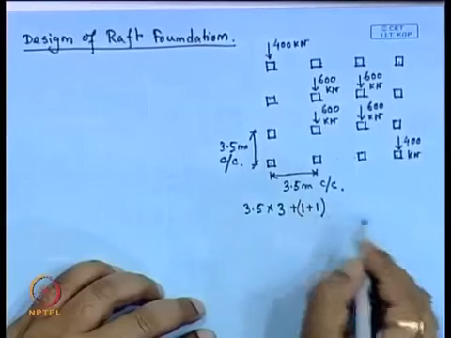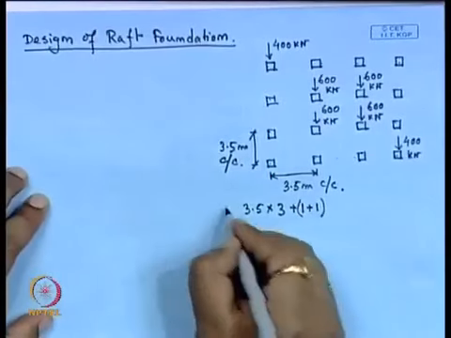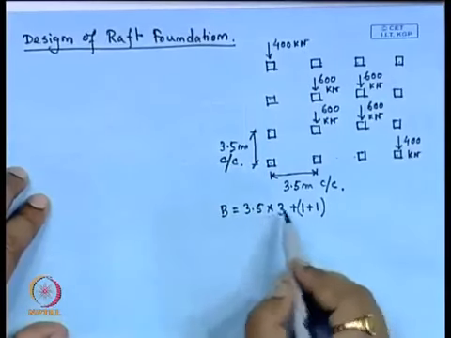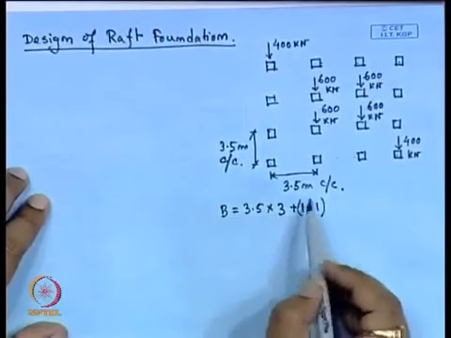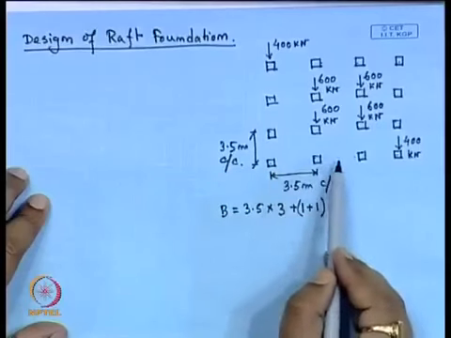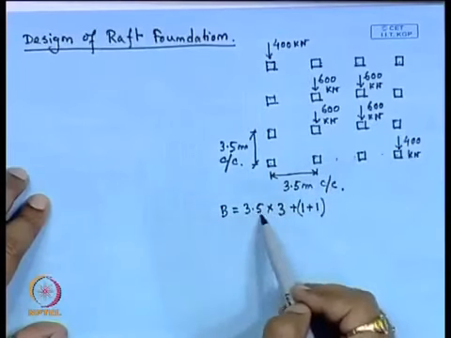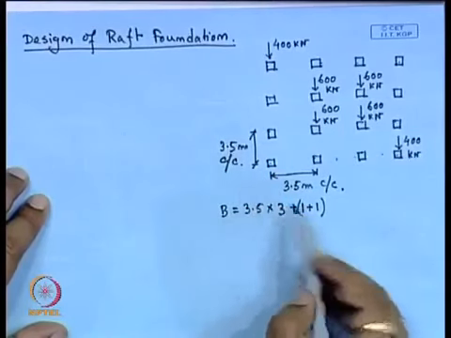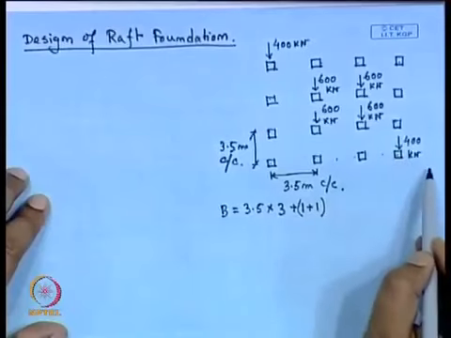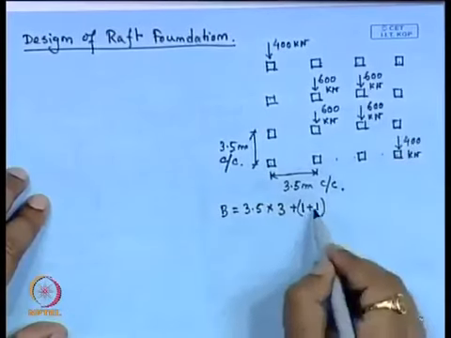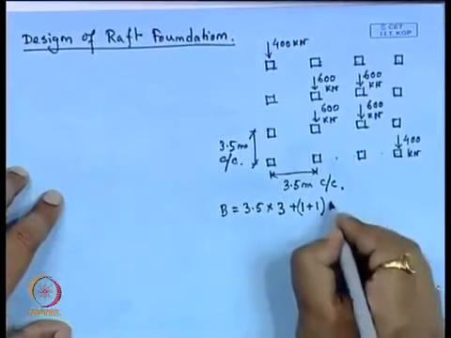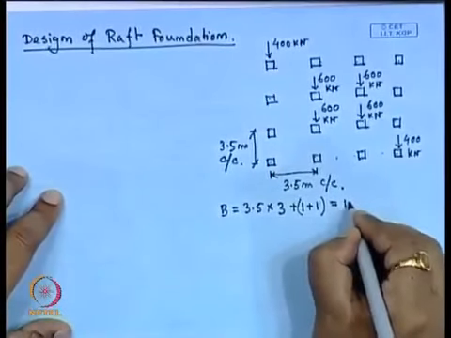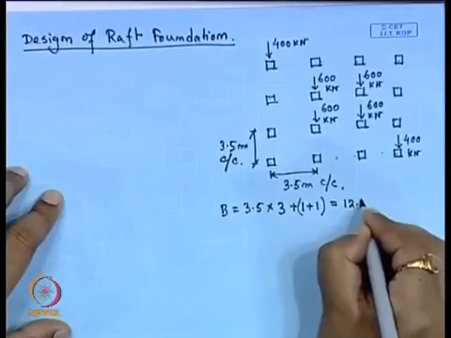So, for the initial trial we choose the width B of the footing as 3.5 into 3, and then from the center of the column we take 1 additional meter on both sides. So, the total width of the raft that we are taking is 12.5 meter.